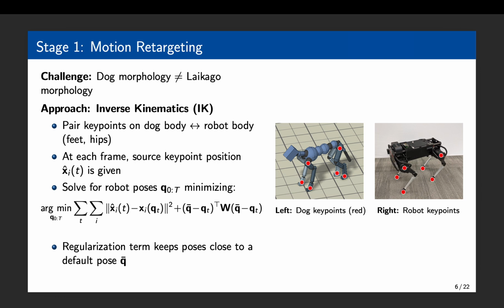There is also a regularization term in the objective that keeps the robot pose close to a natural default pose. This prevents the IK from finding physically unreasonable solutions just to hit the target.